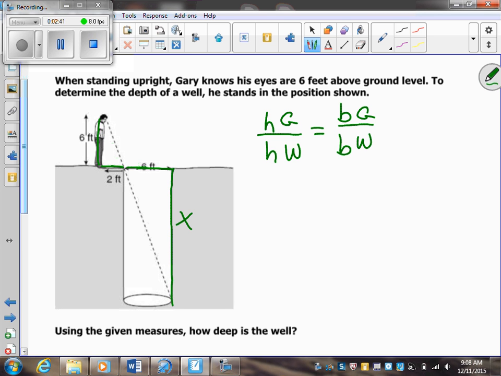Or you can do height over base, which is the height of the person over the base, which is 6, then you can do x over 6. But if we continue with what I started, it's going to be 6 over x. We don't know the height of the well, but I know the base of Gary is 2 feet and the base of the well is 6 feet. Then all you have to do is cross multiply and find the answer.